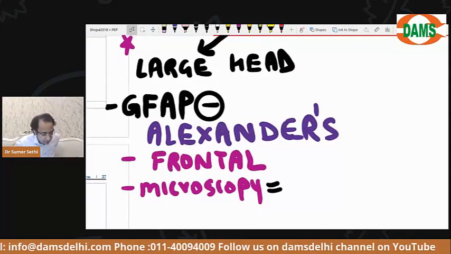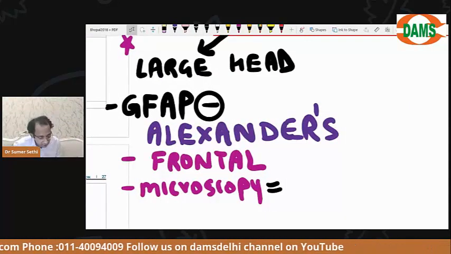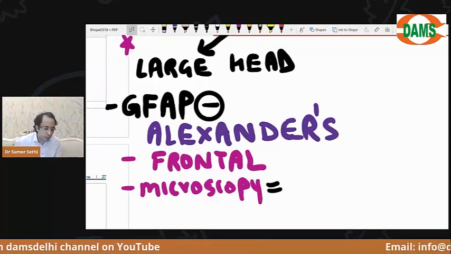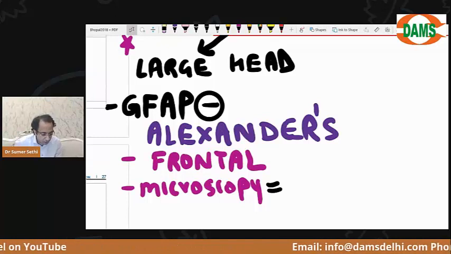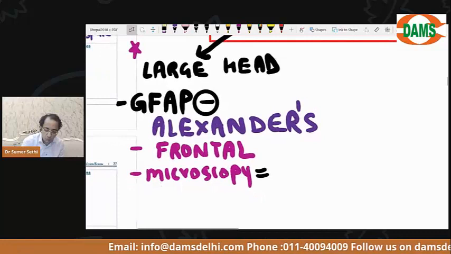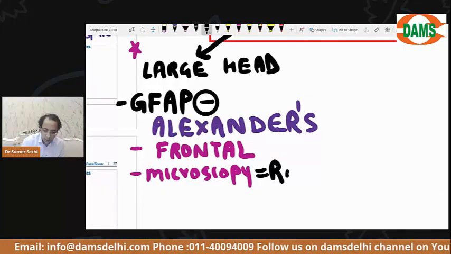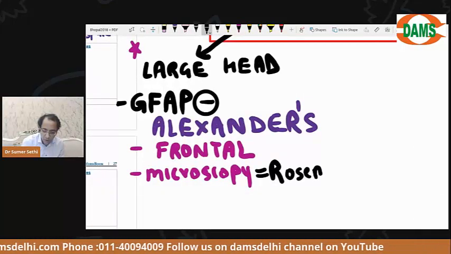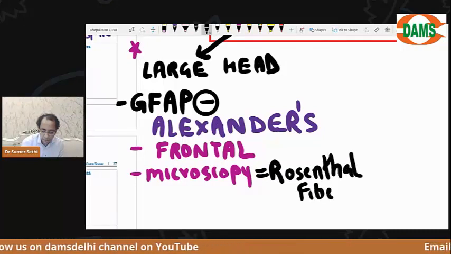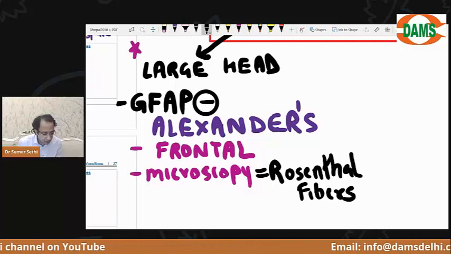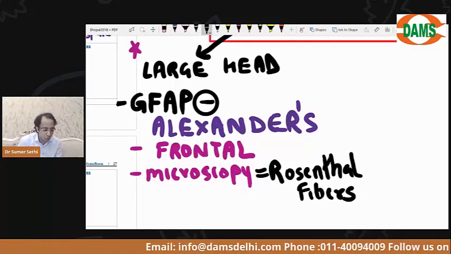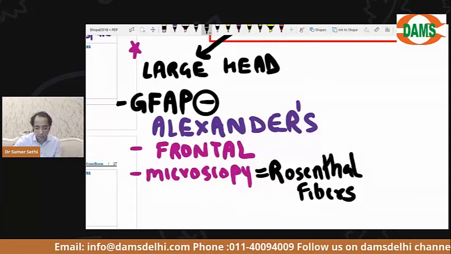Because it is a problem with the GFAP gene, you will see multiple scattered non-specific Rosenthal fibers. Do you remember this? Rosenthal fibers are also found in pilocytic astrocytomas, and you will also see them in Alexander's disease.